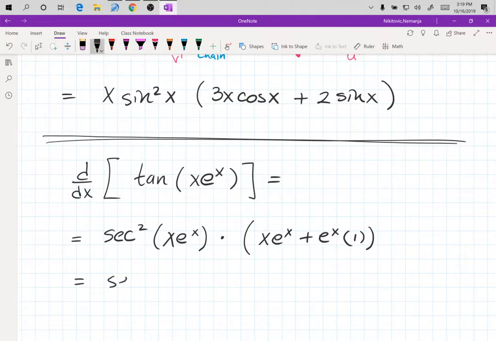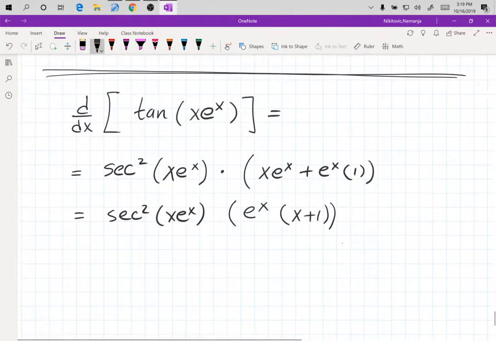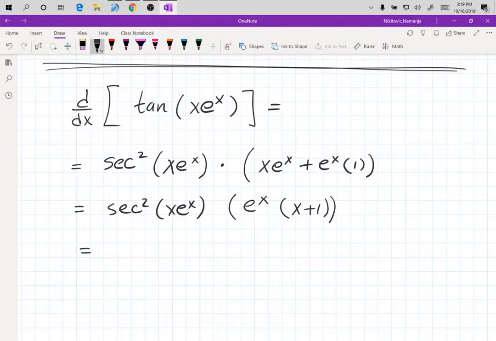So now this becomes secant squared of x e to the x times, and over here we can factor out e to the x and have x plus 1. So, factored out, e to the x times (x plus 1) times secant squared of x e to the x.